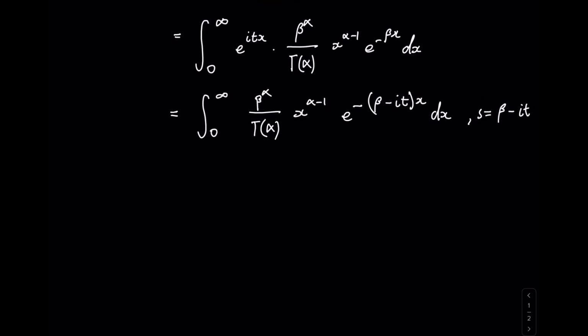If I do that, then I'm going to take the beta to the alpha out the front, and rewrite my expression: x to the alpha minus 1, e to the negative sx dx.